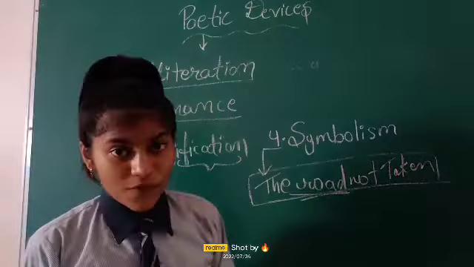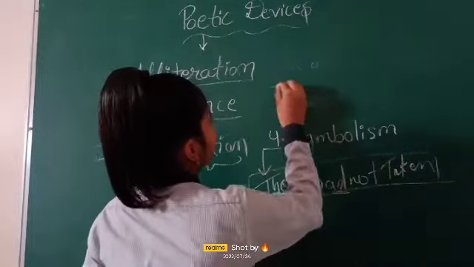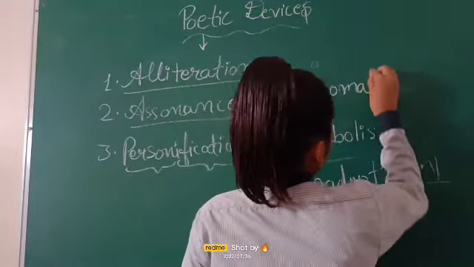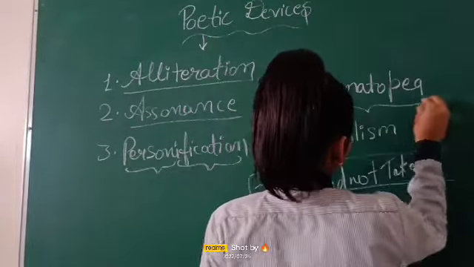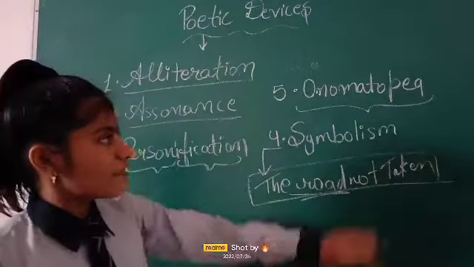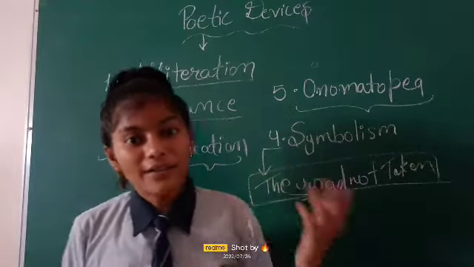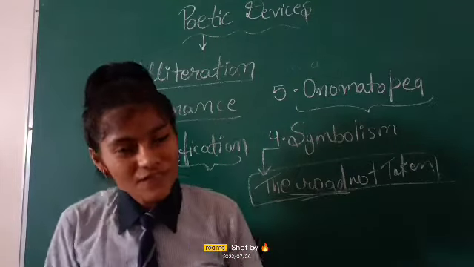That is symbolism. Then we have onomatopoeia, the fifth one here. Now onomatopoeia is a poetic device which deals with sound words. If I say dog barks, bell rings, these are words which have a kind of sound, right?